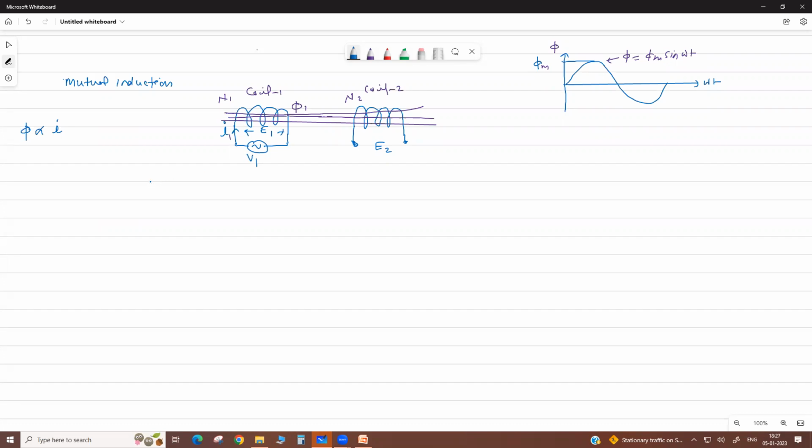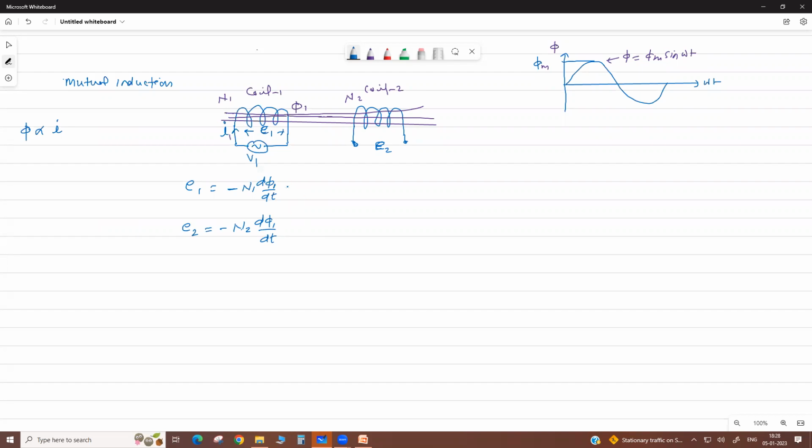You write induced voltages as E1 and E2. E1 equals d phi 1 by dt, the self-induced EMF, because flux phi 1 is linked with the coil itself. But E2 is the mutual induced EMF because it is in coil 2, with N2 turns, but the same flux. The rate of change of flux is the same.